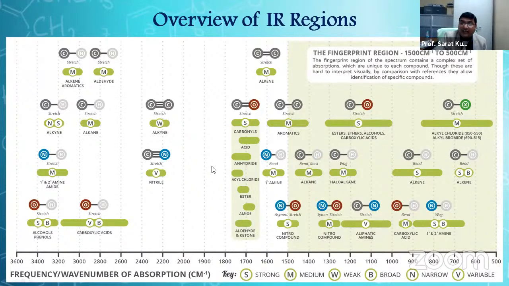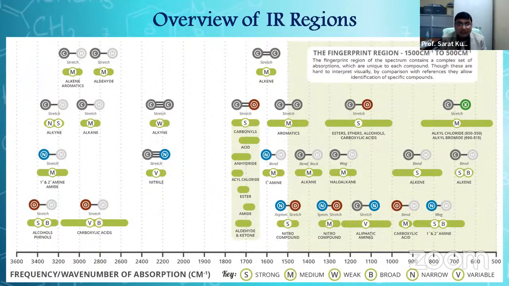That gives the idea. And again, the stretching is at a higher frequency than the respective bending. That is why it depends on the nature of vibration, the type of bond, and what kind of atom is exactly involved in that bonding. I told carbon and hydrogen, carbon and carbon.